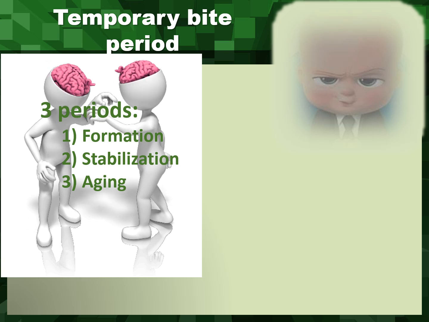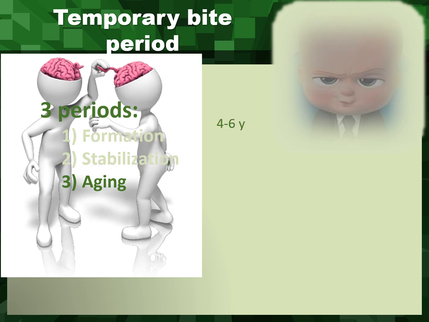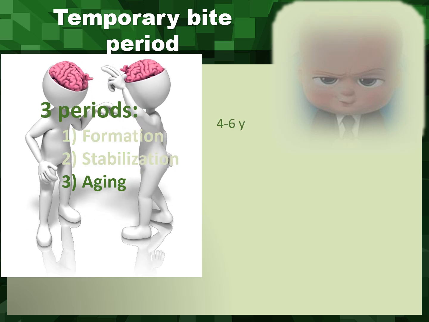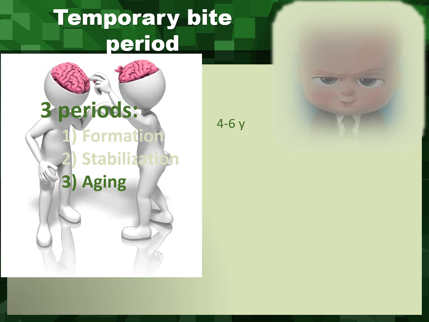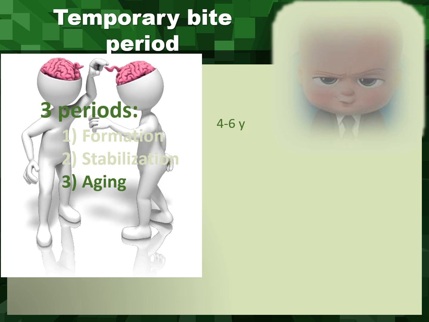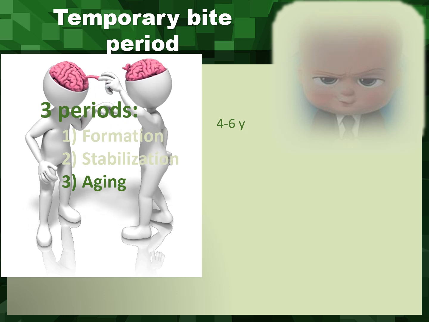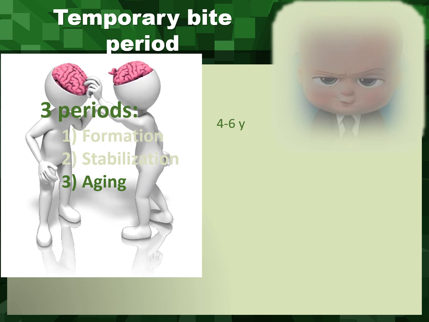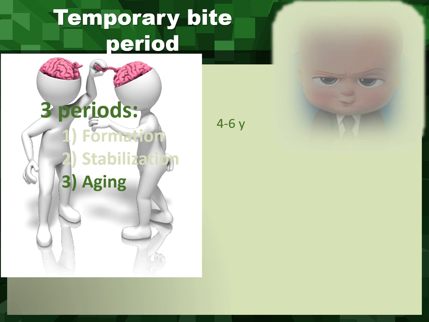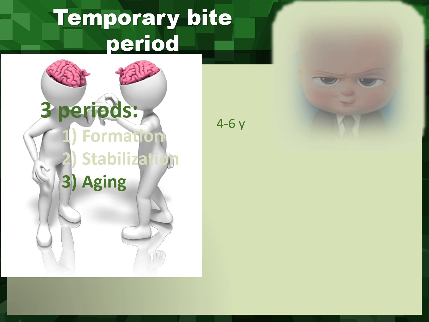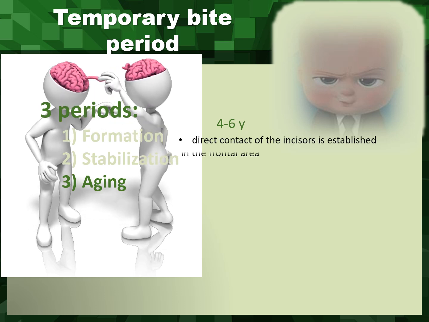And the third period of temporary bite is called aging. It is the period from 4 till 6 years old. And what are the features of this period?